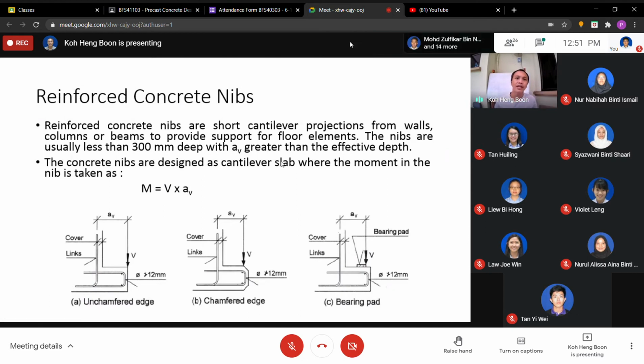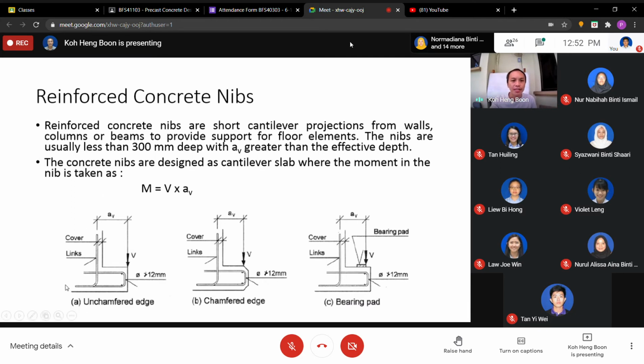Just now you looked at the corbel, is it deep enough? Deep enough, and we make sure there's a requirement between the AV and the depth: AV is less than the effective depth D. However, now you look at the nibs here.